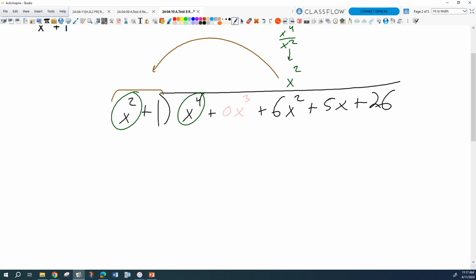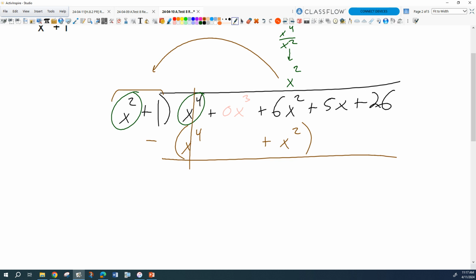So I'm going to distribute, right? x squared times x squared is x to the 4th. x squared times 1 is x squared, so that goes in my x squared column. So we divided, we multiplied, what's next? Subtract. How do I write that down? Parentheses around the bottom, and a minus sign out front. And when I subtract, the x to the 4ths cancel.